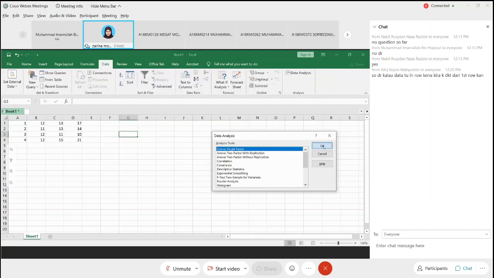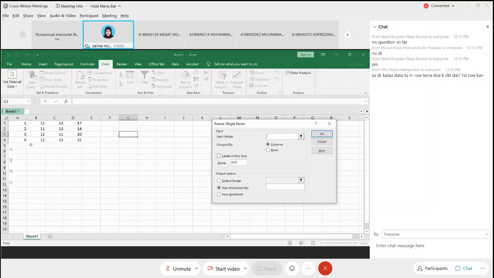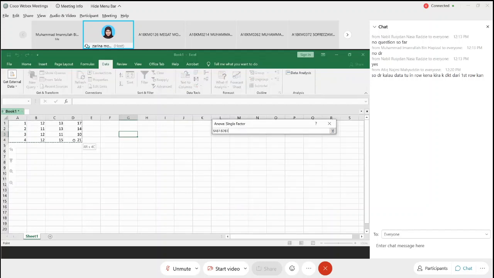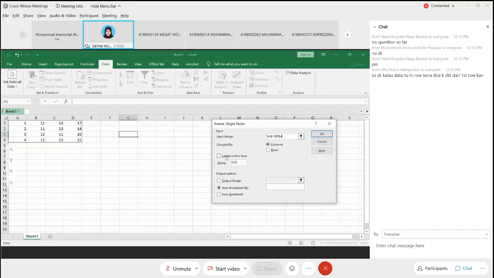So what you do, you use single-factor ANOVA, where your input range will be this one. This is when you have the usual one, you have labels in the first row.